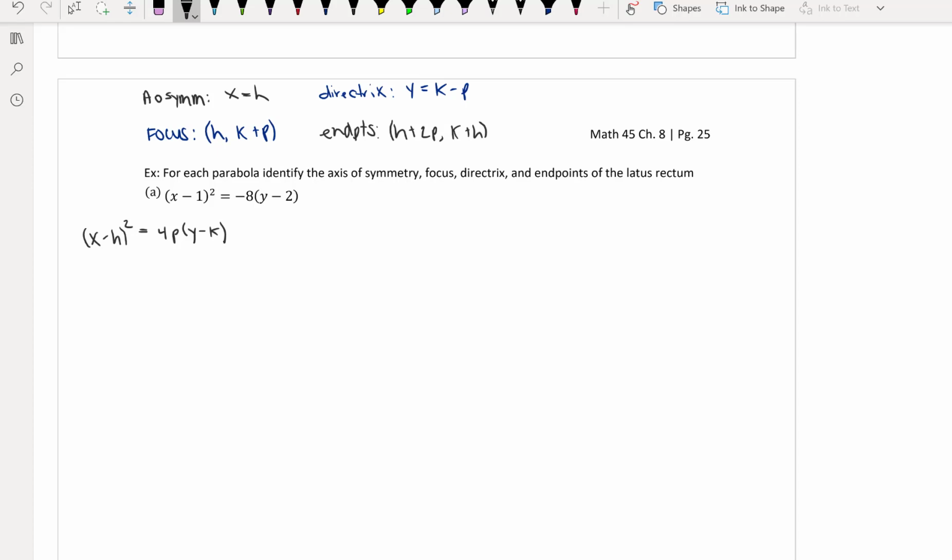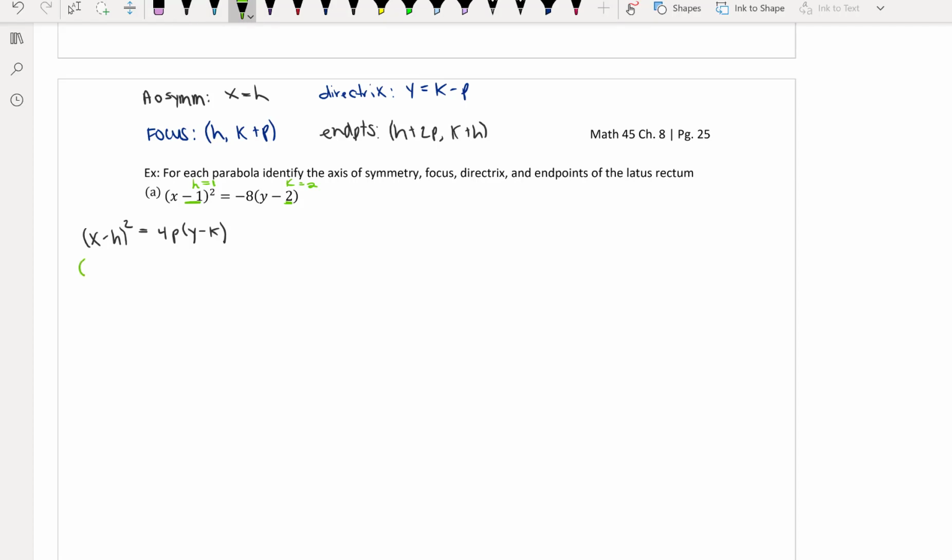So let's think about this. What do I have here? If I have h, that would be my h value. So here my h value would be equal to 1. And I also have my k value. My k value here would be equal to 2. Now I just have to think about, what would actually be my p value? What am I going to plug in here?